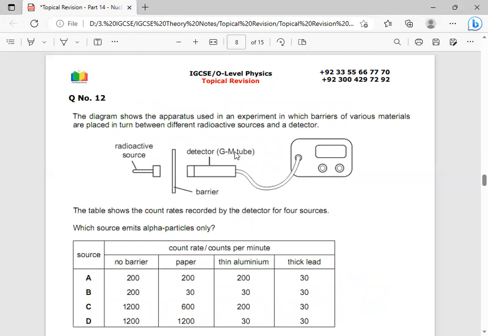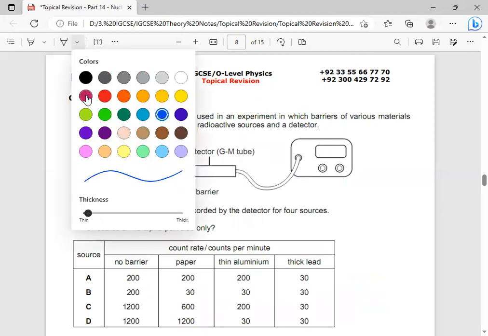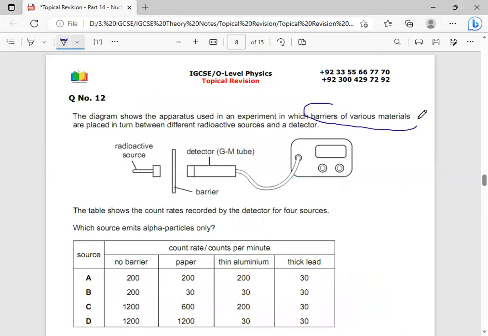Okay, now in this question, the diagram shows the apparatus used in an experiment in which barriers of various materials, so barriers means absorbers of different materials, are placed in turn between different radioactive sources and a detector.